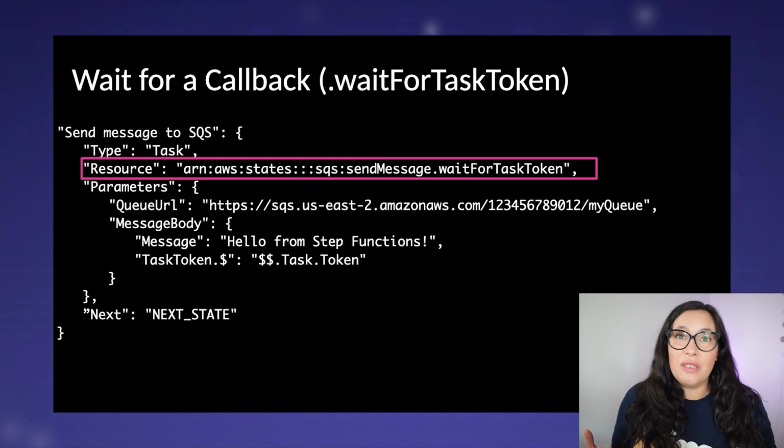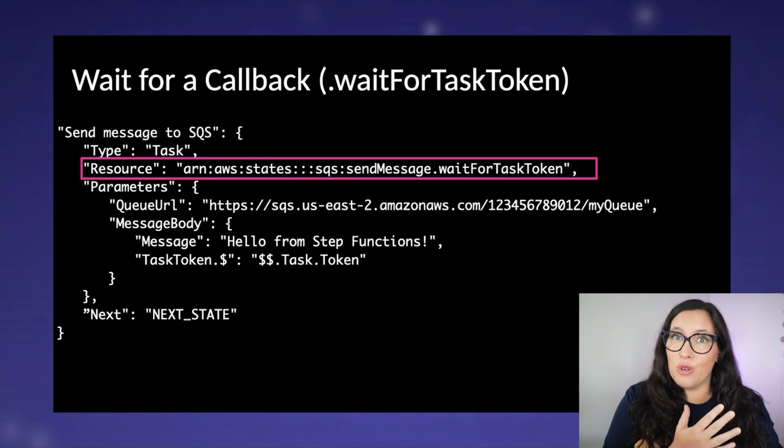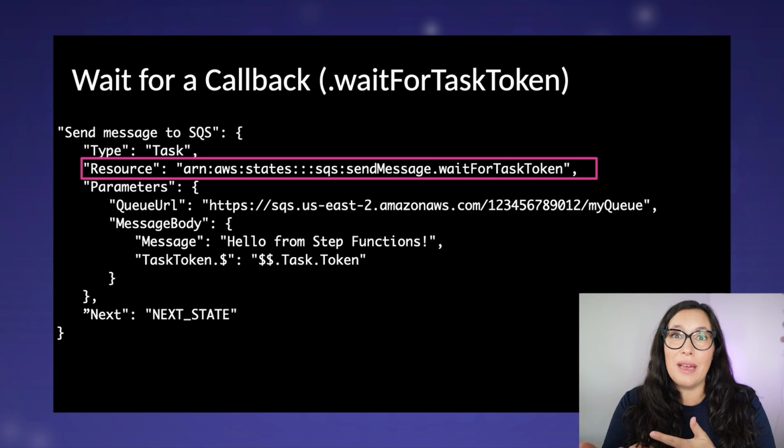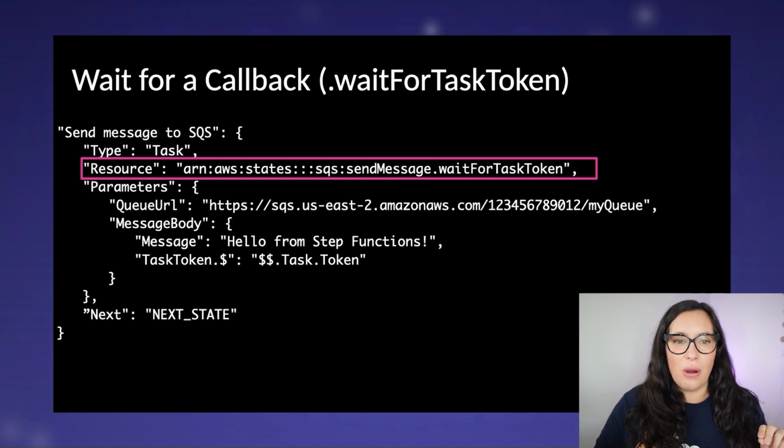To get started using this pattern is very simple. In the definition of your state machine, in your task, you need to put after the action, in this case we are sending a message to SQS, you just put wait for task token. And then you need to send the task token to the next step and persist it and save it. I will show in the code how it's done.